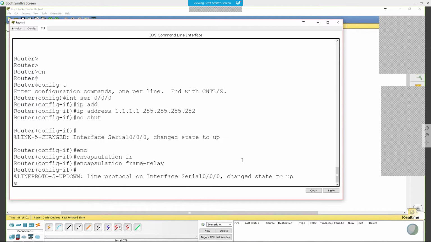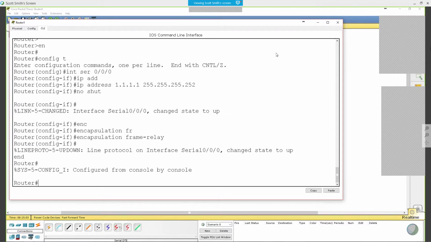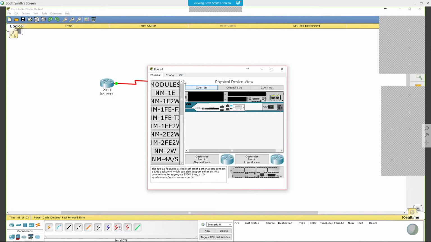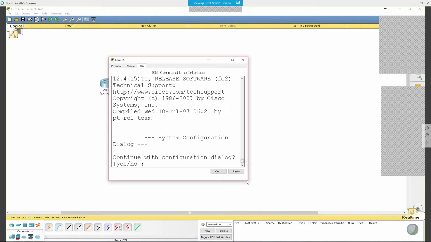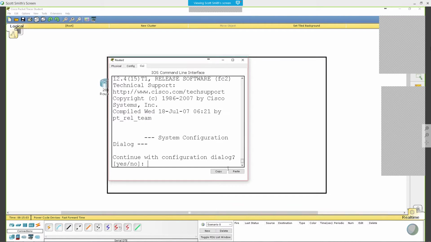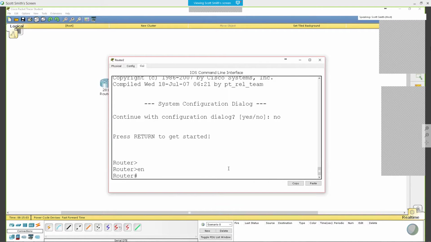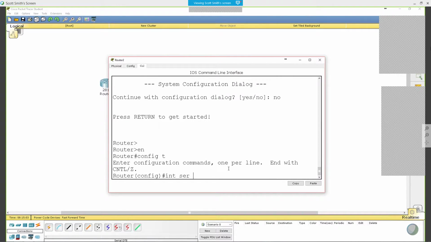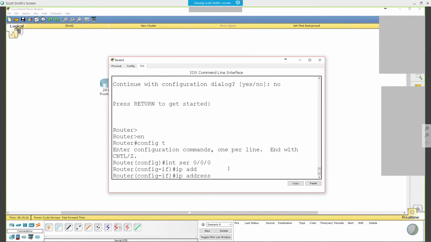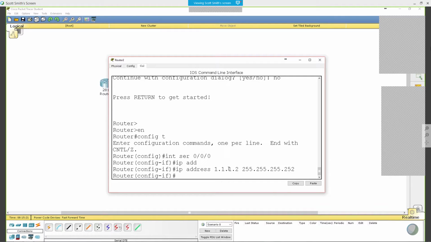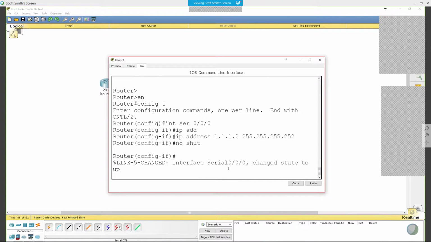Okay, now go to the router on the right. Config t, interface serial 0/0/0, IP address 1.1.1.2, 255.255.255.252, no shut, encapsulation frame relay.